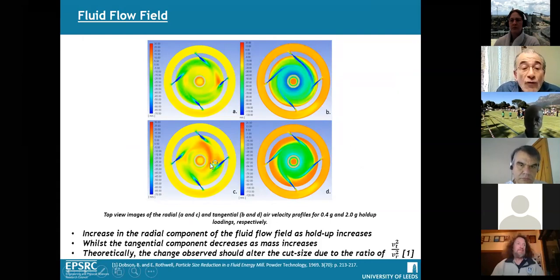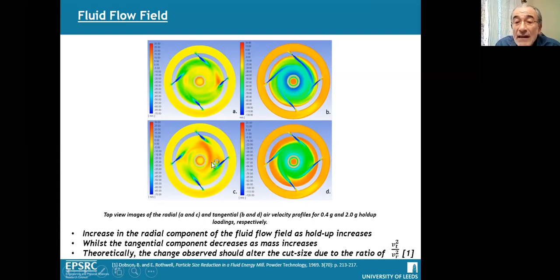So for this slide, basically we have the velocities which are for the radial minus 70 to 20 meter per second. These are the velocities here, and as you see here, the radial velocity is red, which is orange red, which means that it is positive.